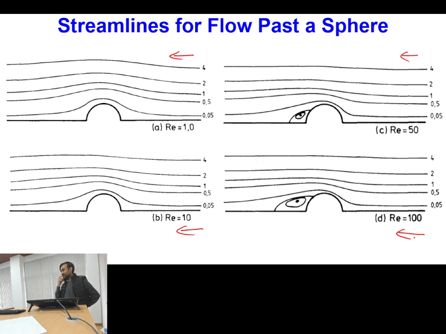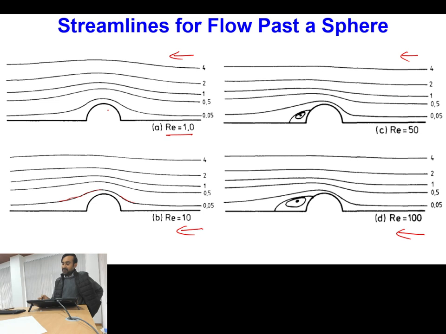When my Reynolds number is very small, streamlines are almost symmetric. But once the Reynolds number is increased, you can see the bending of the streamlines is different. So it means that in this second case I will not have the same pressure recovery as in the first case.